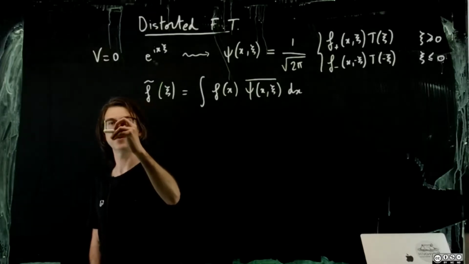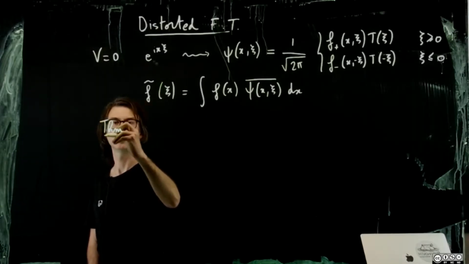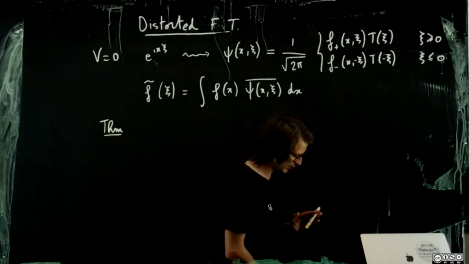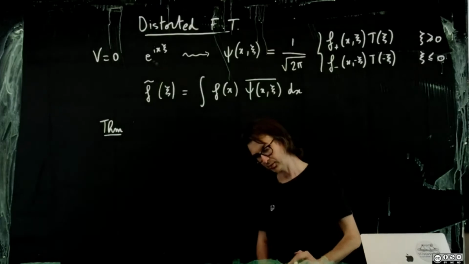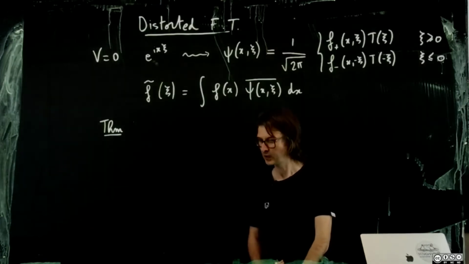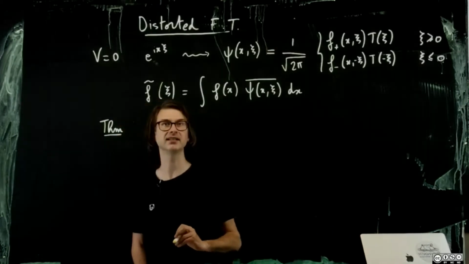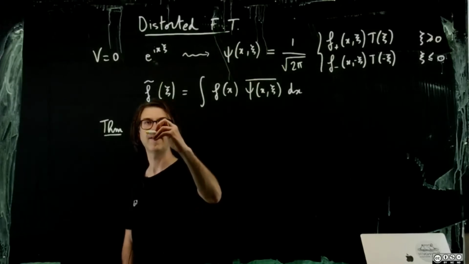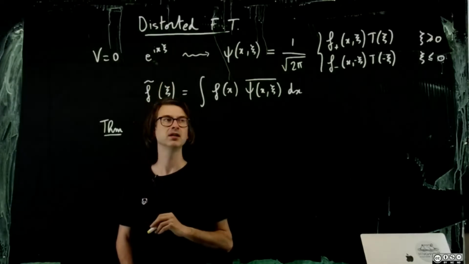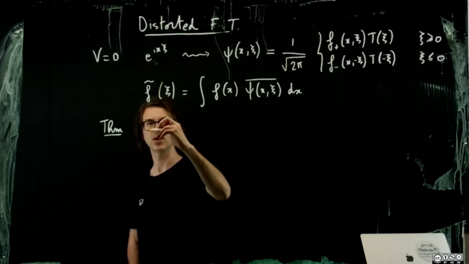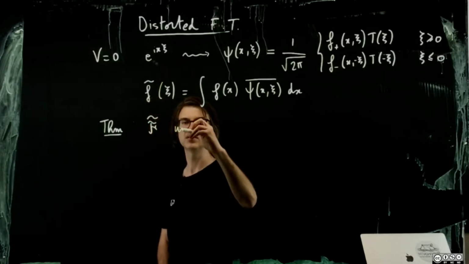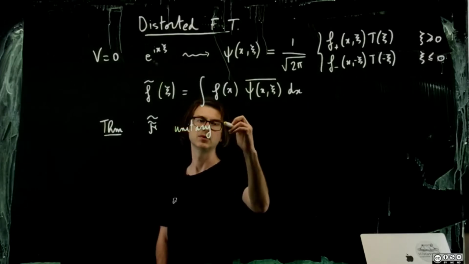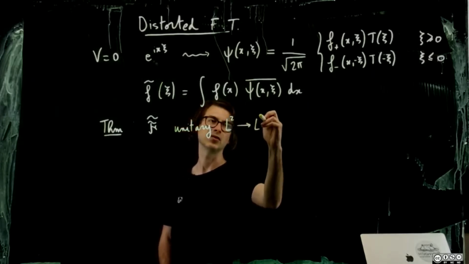So the theorem. You proceed just like in the flat case. You apply the spectral theorem and you use Stone's formula. And the theorem that you get is that, let's call f tilde the distorted Fourier transform, it's going to be unitary on L2.